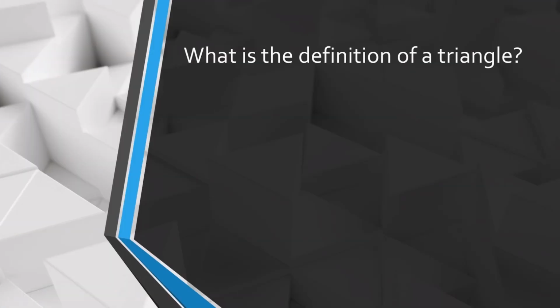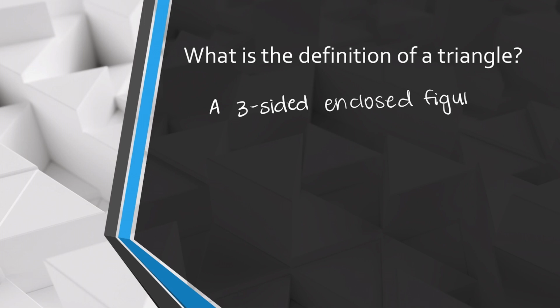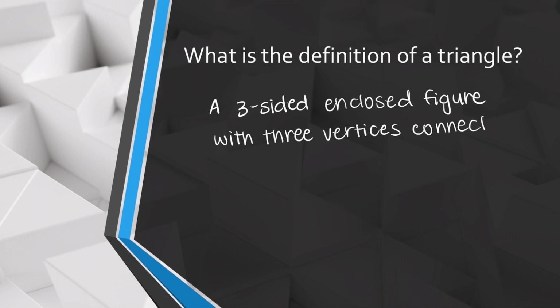So a triangle, by definition, though, is a three-sided enclosed figure with three vertices connecting the three sides.